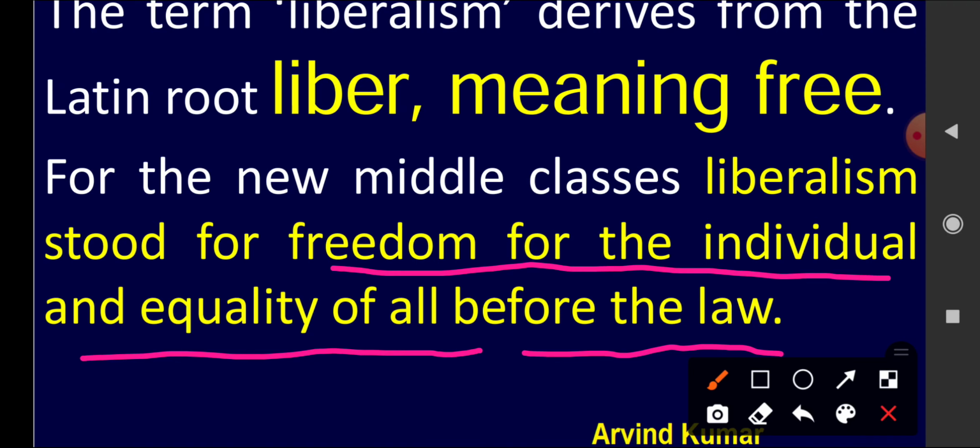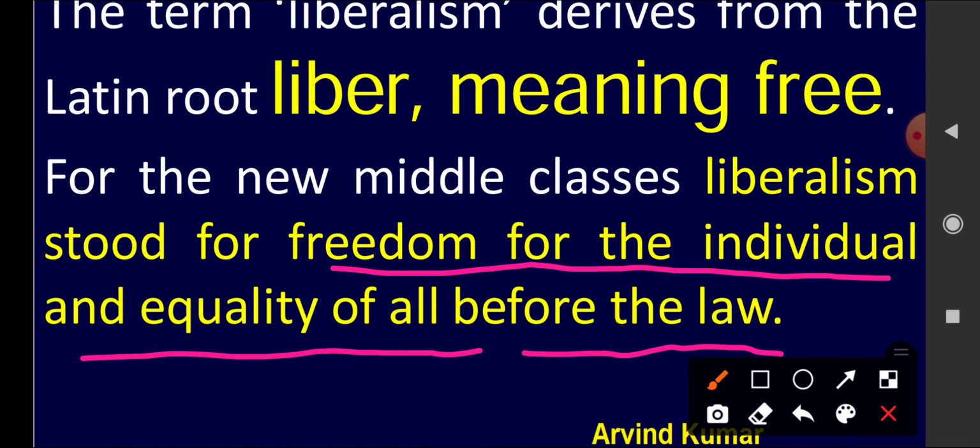In the chapter, the meaning and definition of liberalism is given in different aspects. First, it is related to political liberalism. Political liberalism refers to the freedom of universal suffrage, the right to vote for the people in the entire nation.